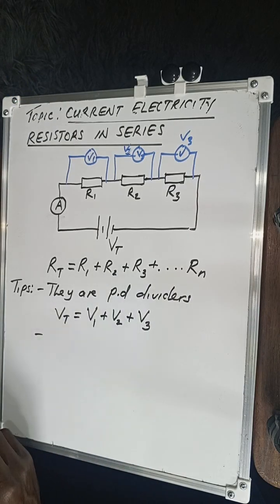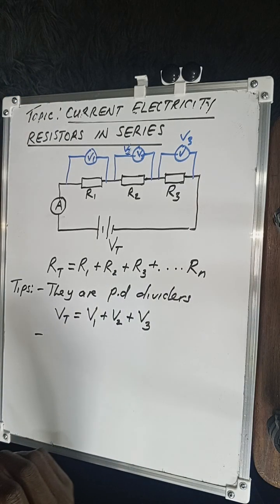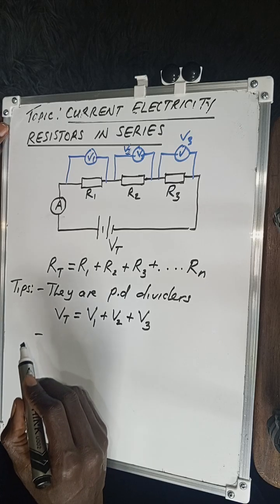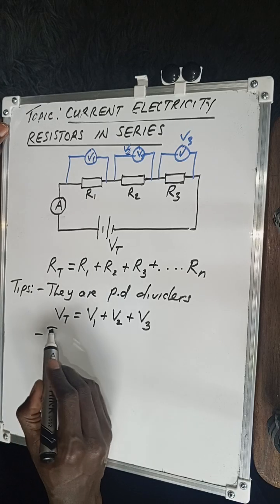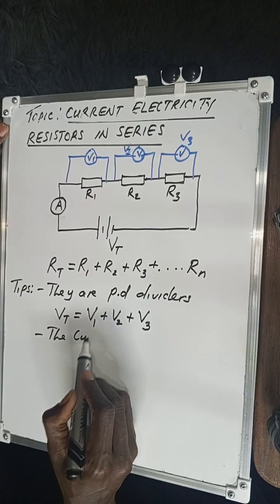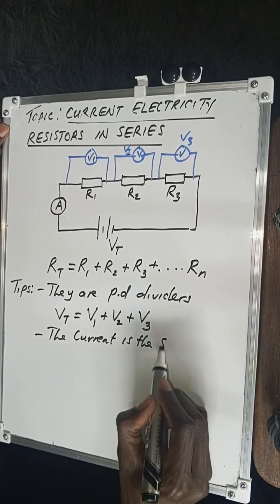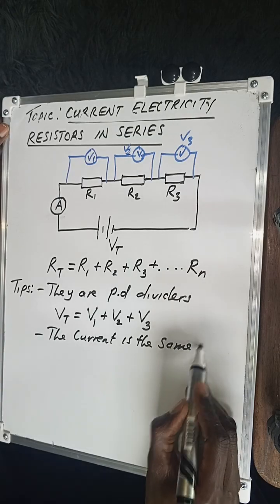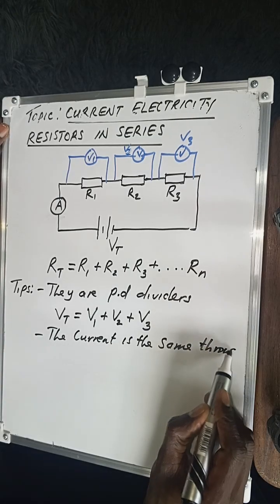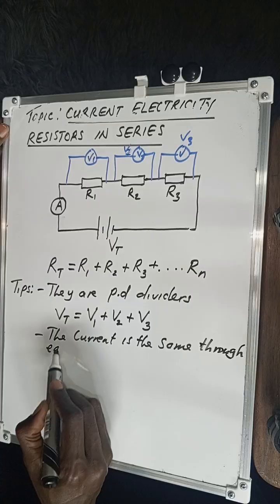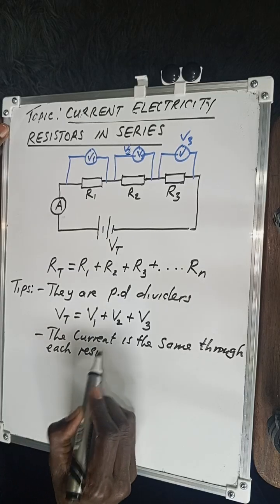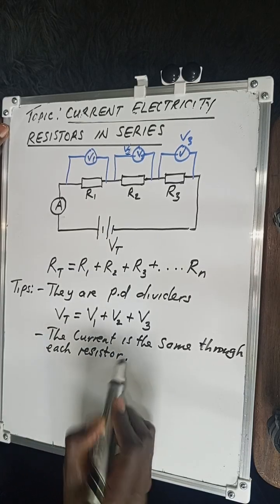The other concept that you need to remember for resistors in series is that the current is the same through each resistor. So the current will always be the same through each resistor.